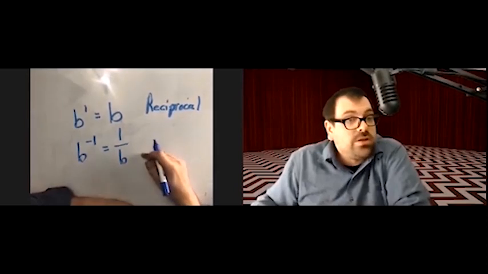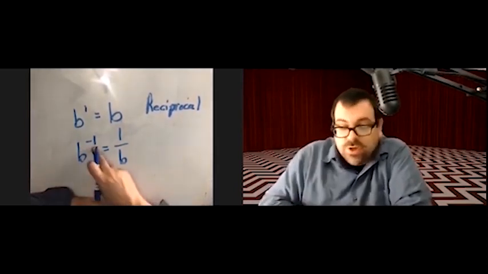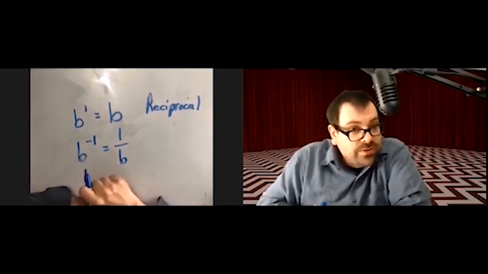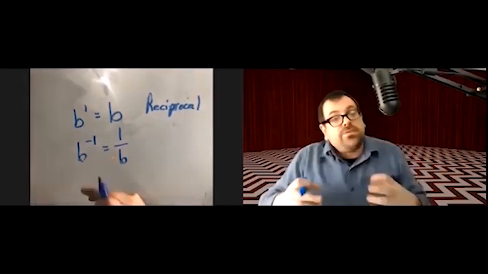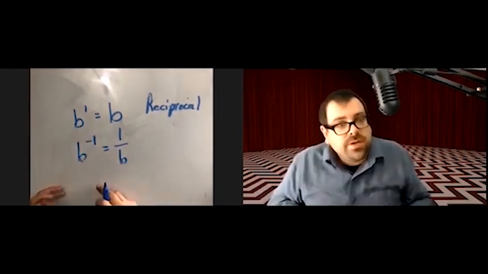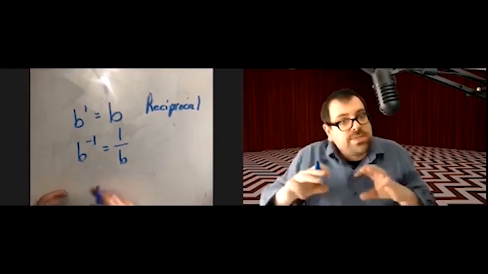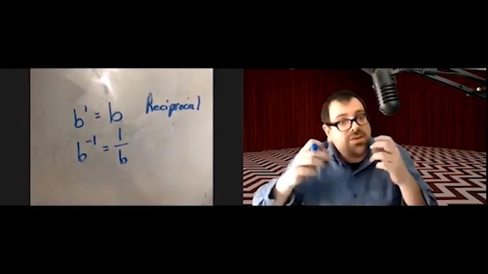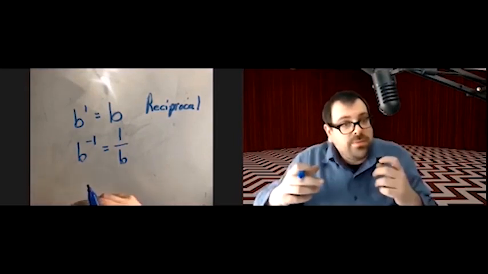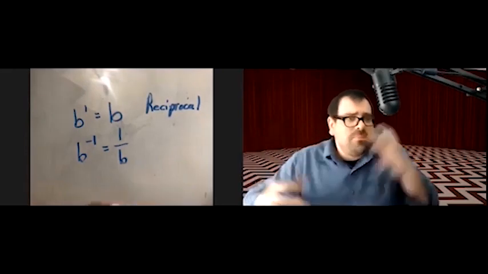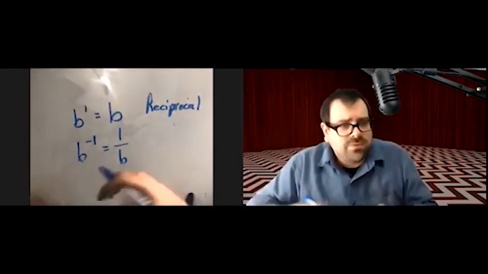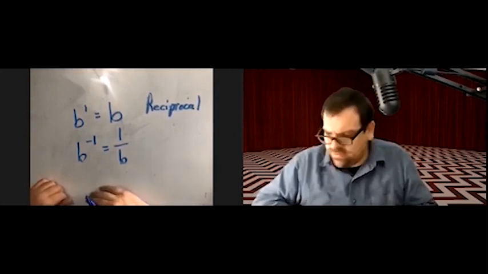Specifically, it's 1 over b to the first. So a negative exponent is actually a 1 over. If it's already a part of a fraction, a negative exponent on the top would move you to the bottom as a positive, because reciprocal of a fraction means flip. So if you have a negative exponent in a fraction, you would flip it and then divide. But then a whole mess of multiplication and division rules just makes it so things from the top ended up on the bottom with a positive. So we just skip to that.